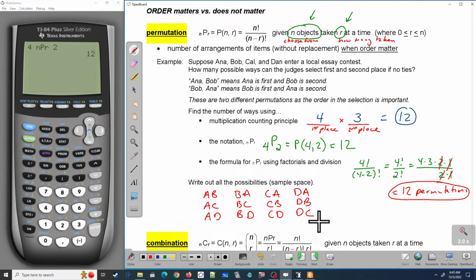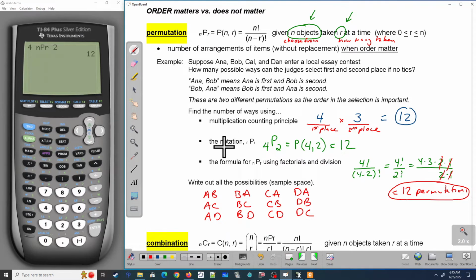It wasn't that hard to write out all the possibilities, but understanding how permutations work is important. So I'm just going to give you a heads up. All three of these notations, or three of these bullet points, are things I'm expecting, meaning I might ask you to explain how you came up with the answer, not what is the actual number, but how did you do this using the multiplication counting principle?